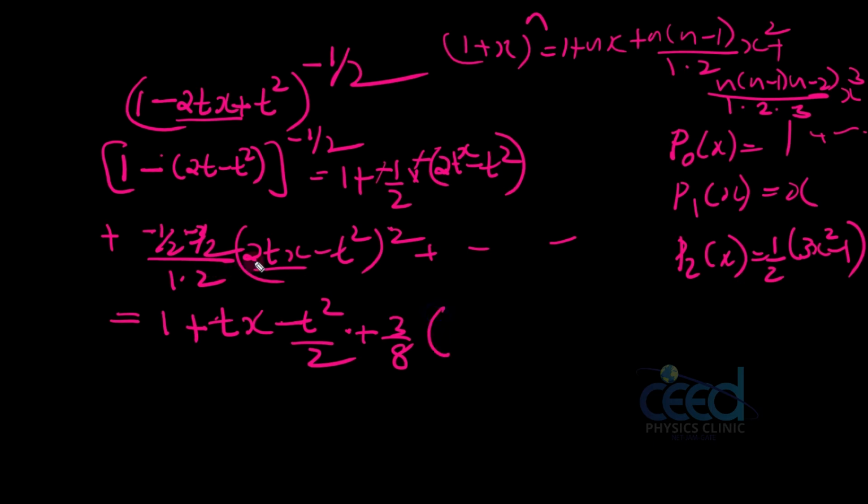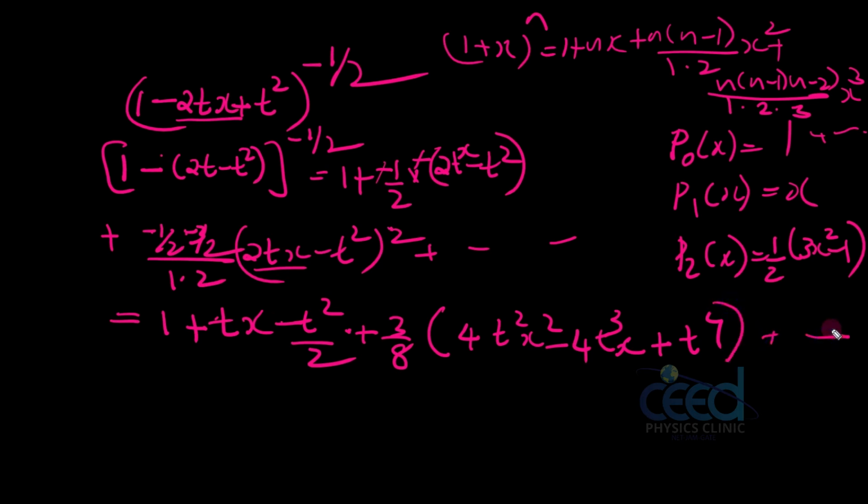So I can write this as 3 by 8 into the remaining term, this. I can expand using a plus b whole square, right? So 4 t square x square minus 4 t cube x plus t raised to 4. I expanded this bracket using a minus b whole square, right?